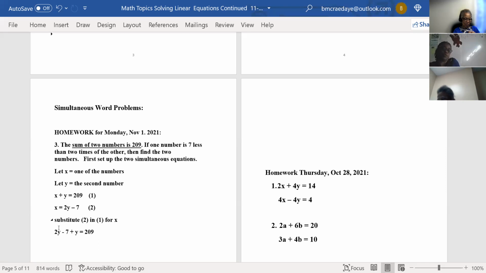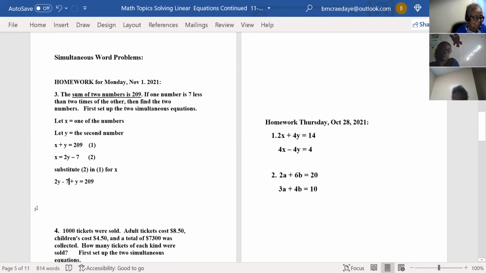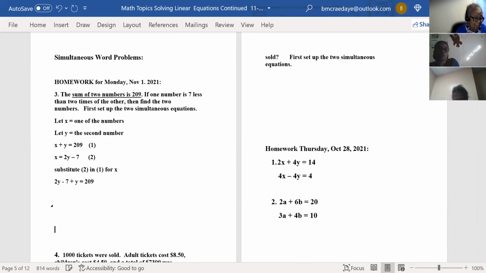You substitute 2 in 1 for x, right? Okay, so solve this equation. What would you do first? Combine like terms. So what terms can I combine here?